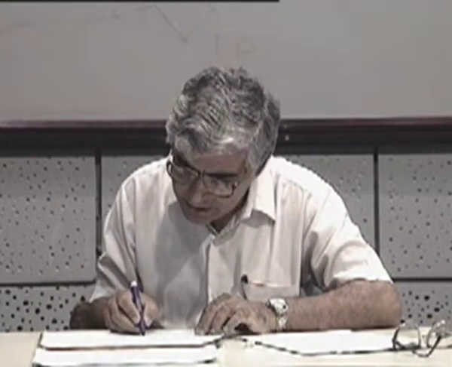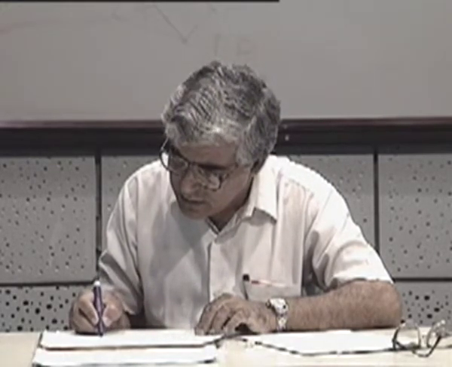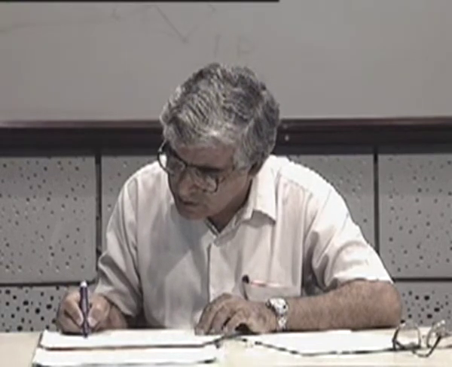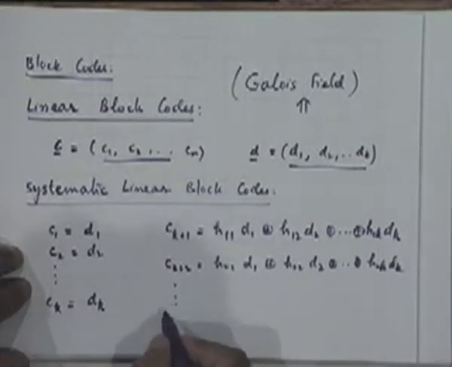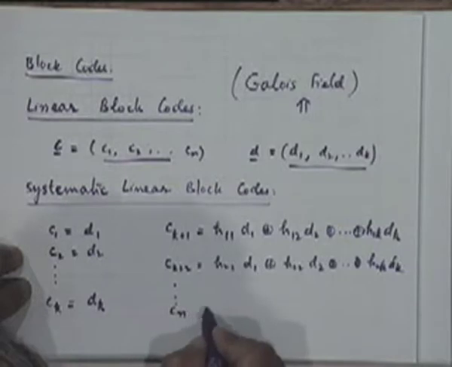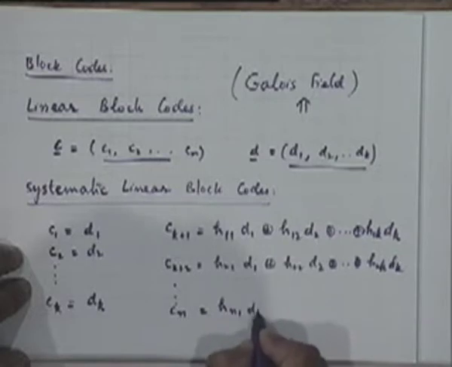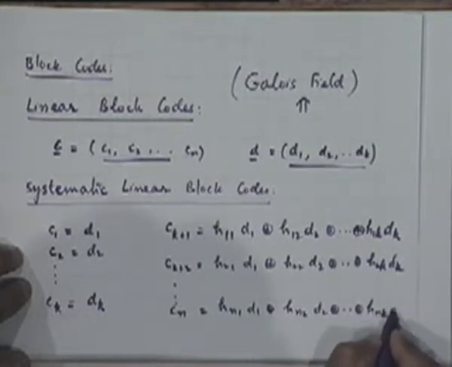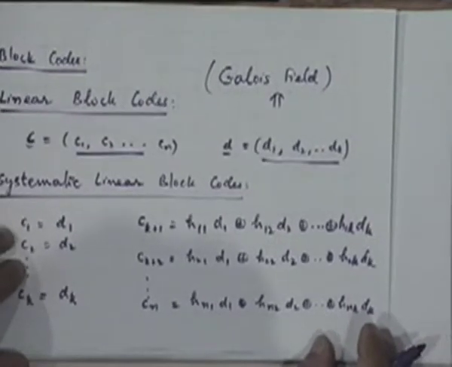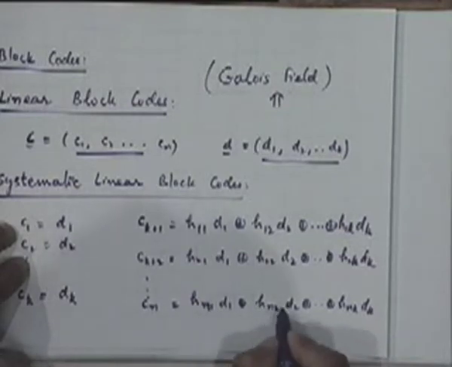Similarly, C(k+2) will be given by H21 D1 plus H22 D2 plus up to H2k Dk, and so on. Finally, C sub n will be Hm1 D1 plus up to Hmk Dk. Yes, this should be m, I'll call that m.